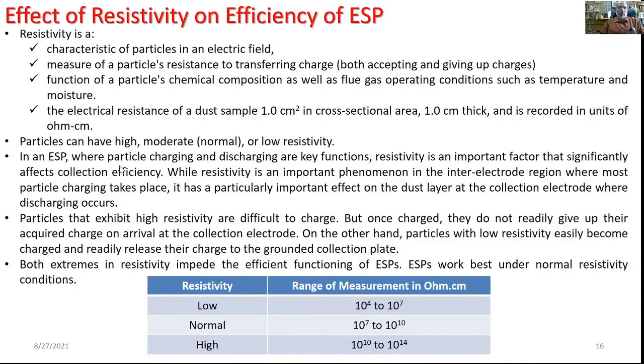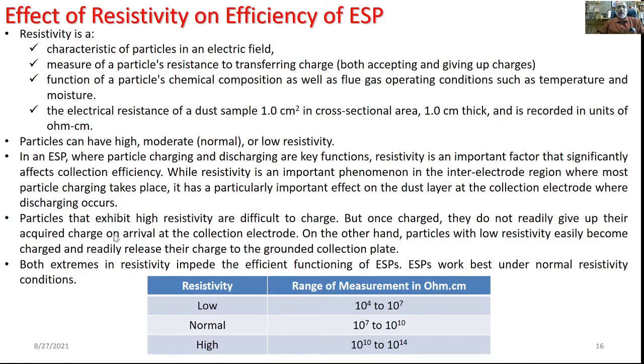In an ESP, where particle charging and discharging are the key functions, the resistivity is an important factor that significantly affects the collection efficiency. While resistivity is an important phenomenon in the inter-electrode region where most particle charging takes place, it has a particularly important effect on the dust layer at the collection electrode where discharging occurs.